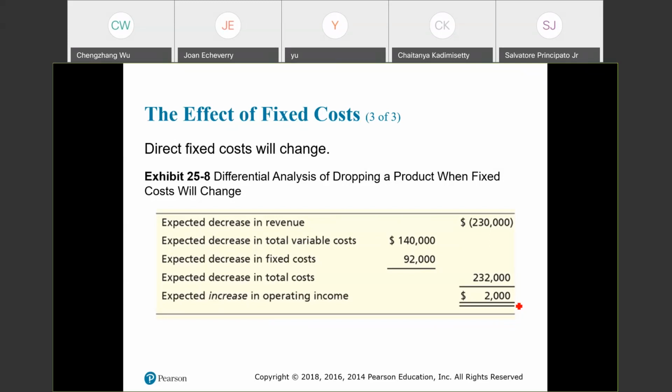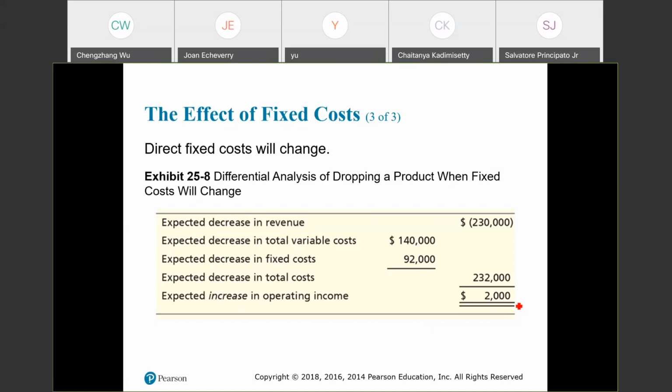Well, let's take a look in detail. In this case, the revenue will decrease by $230,000. Even though the revenue is decreased, the final operating income has an increase. Why? Because you also need to consider the decrease in the cost.